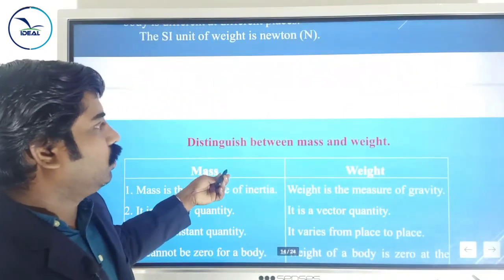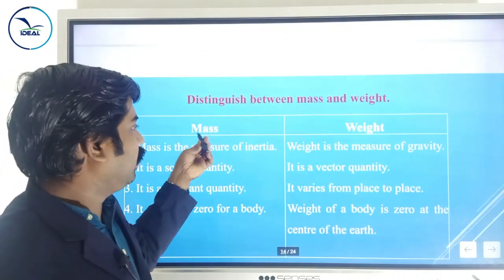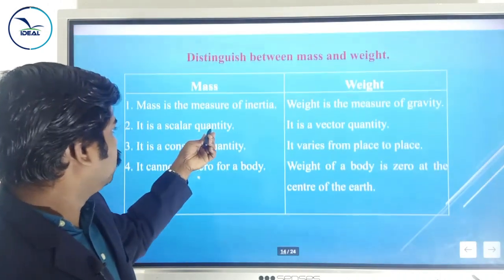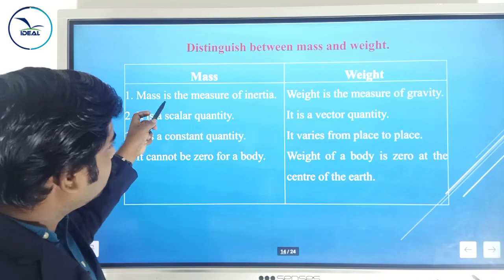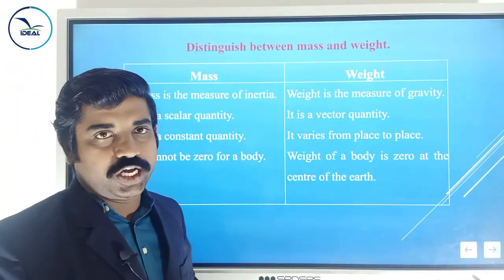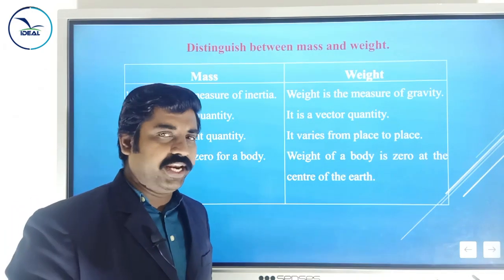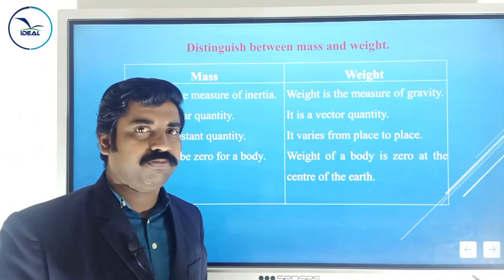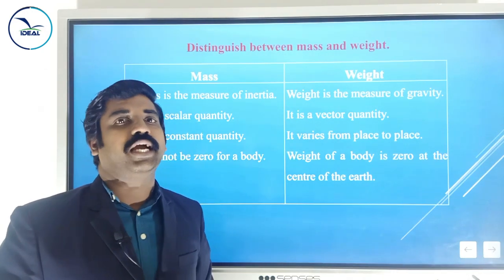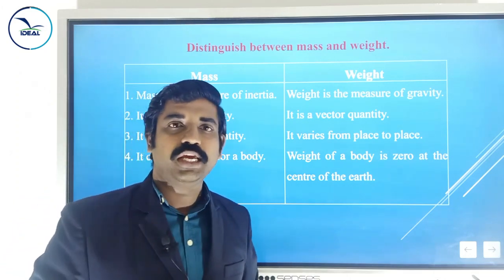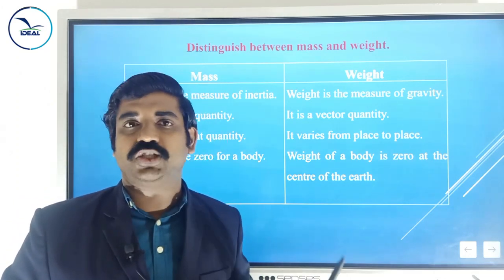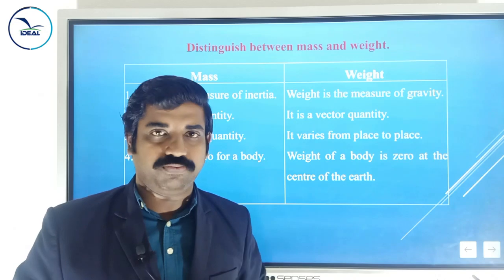There are also some other differences mentioned here. Mass is the measure of inertia. Do you have any idea about inertia? Inertia means the inability of a body to change its state of rest or uniform motion by itself.